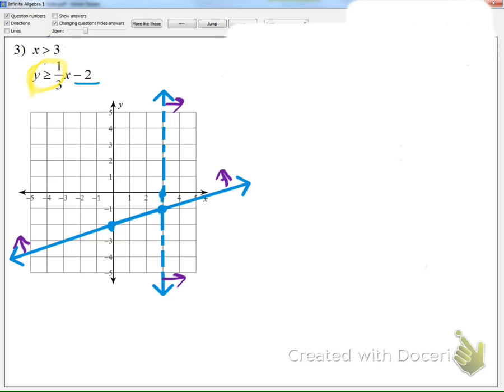Now I need to know which section do I shade: section 1, section 2, section 3, or section 4. Look at your guide arrows. In section 1, I see this guide arrow and this guide arrow. See how they're pointing towards one another? So this is the section that gets shaded. And that's your answer.